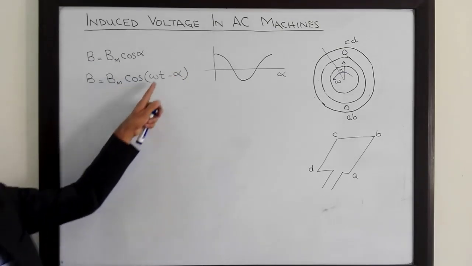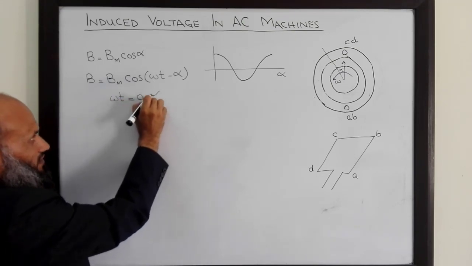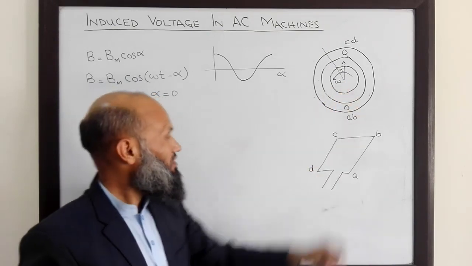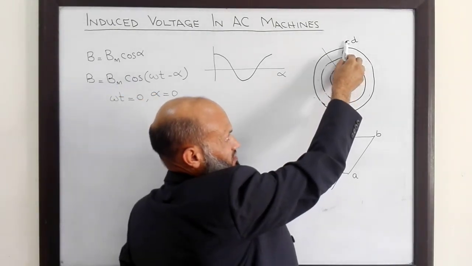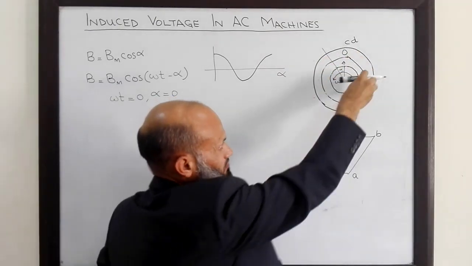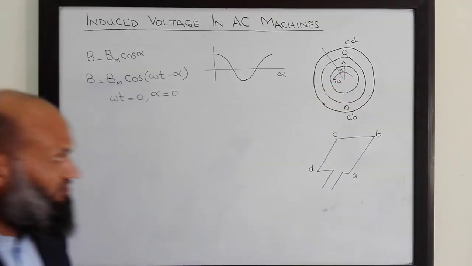For example, at omega t equal to 0 and alpha equal to 0, as depicted in this diagram, flux density in the air gap will be maximum at this point. It will be reducing to a minimum at this other point in the air gap.